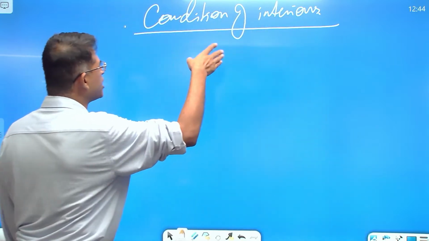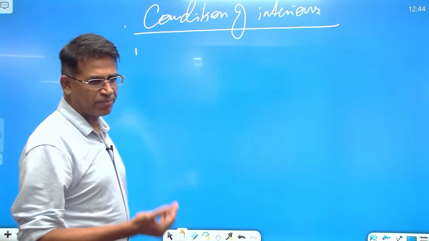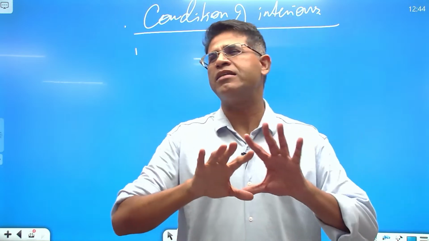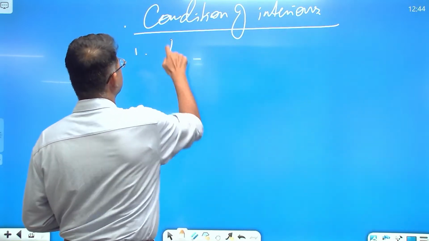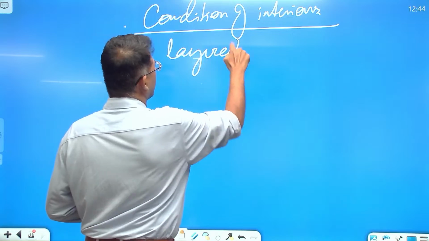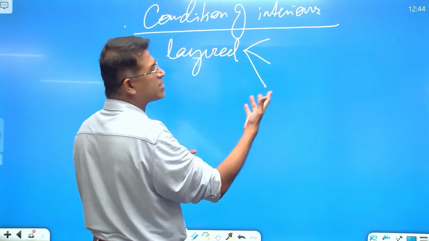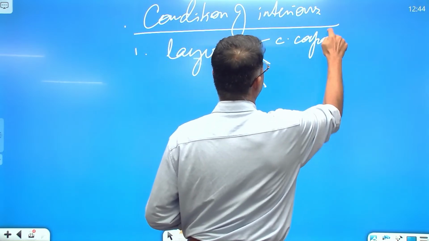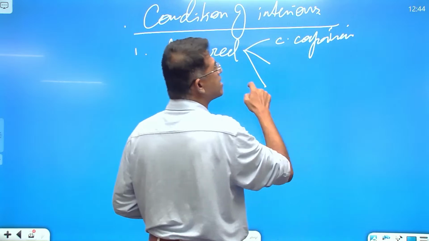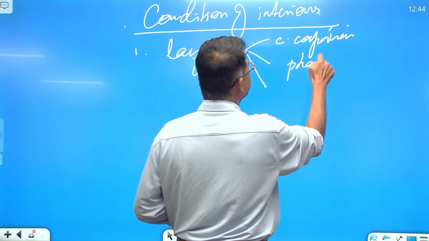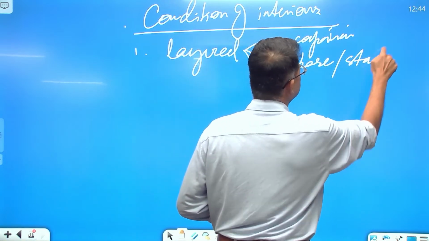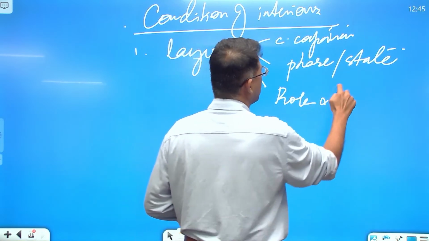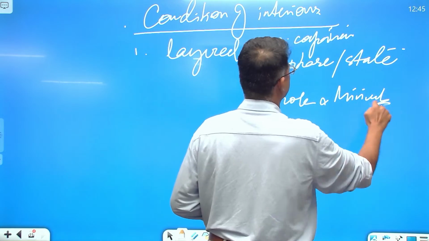Okay. Conditions of interiors, you take it down as points. The first point I mentioned is that the Earth's interiors is layered. And now you know the layers can be studied in terms of chemical composition. The layers can be studied in terms of what is their phase or what is their state, and we can study in terms of rocks and what are the minerals.